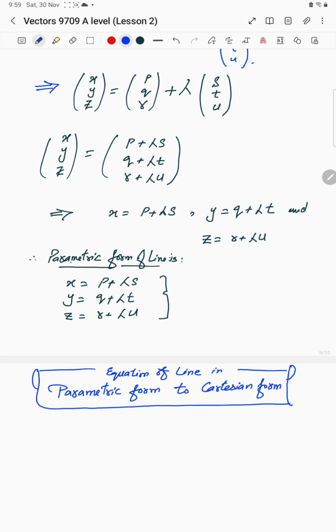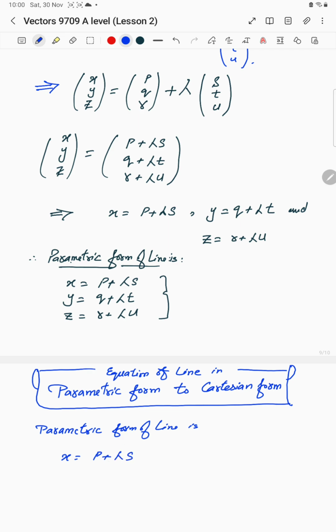Now guys, we will convert the equation of the line from parametric form to Cartesian form. From the vector form, we have derived the parametric form of the line: x is equal to p plus lambda s.